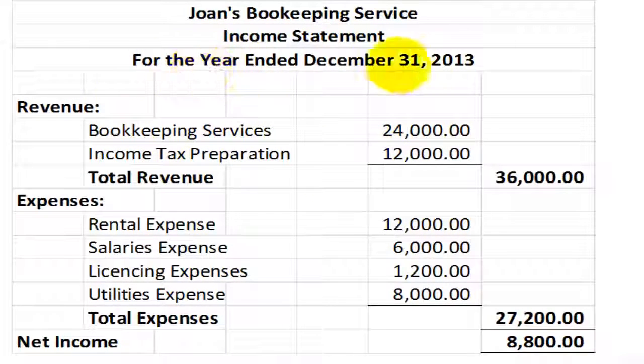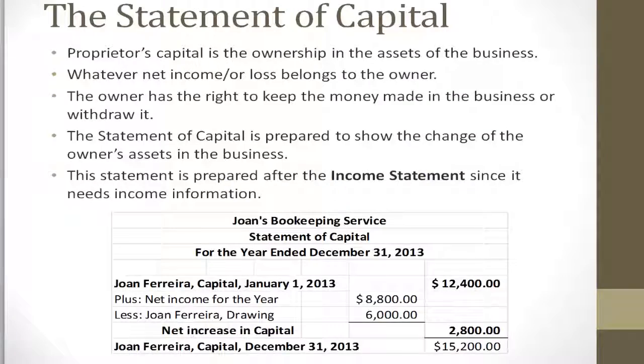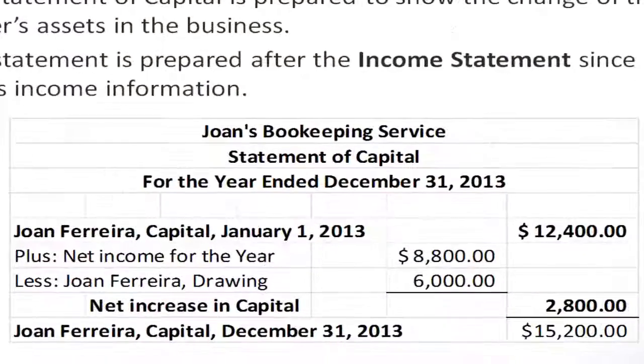Like in this case, for the year ending December 31st, 2013, we have revenues and expenses, bringing us net income at the bottom. The statement of capital shows how the ownership of the business changed throughout the year. So how the capital that the owner owns in the business has changed over the years.